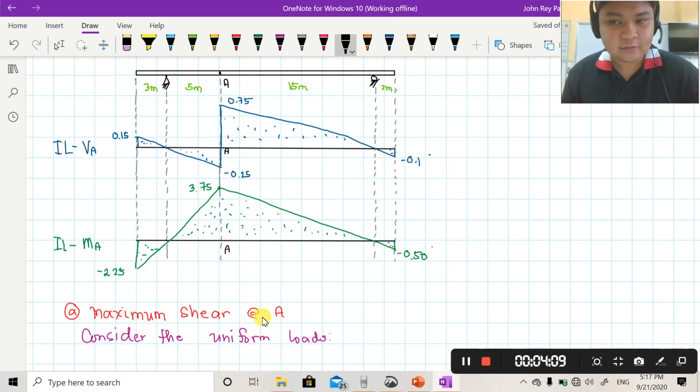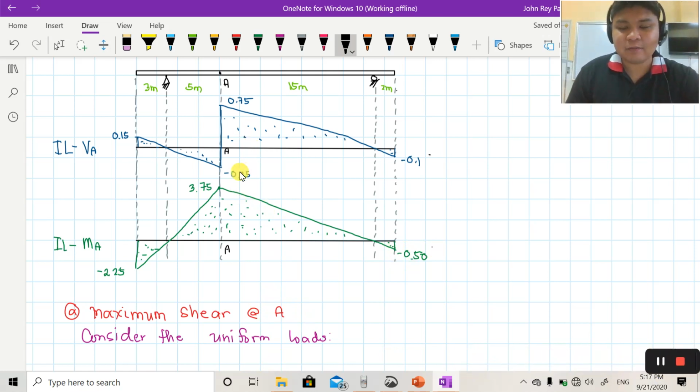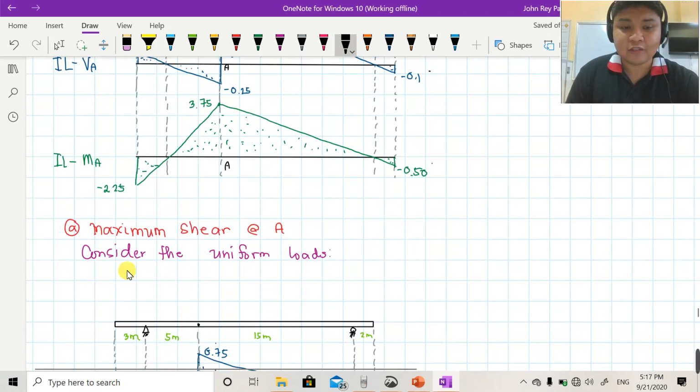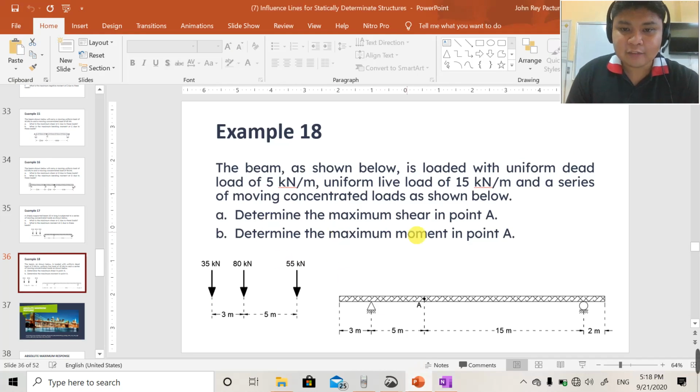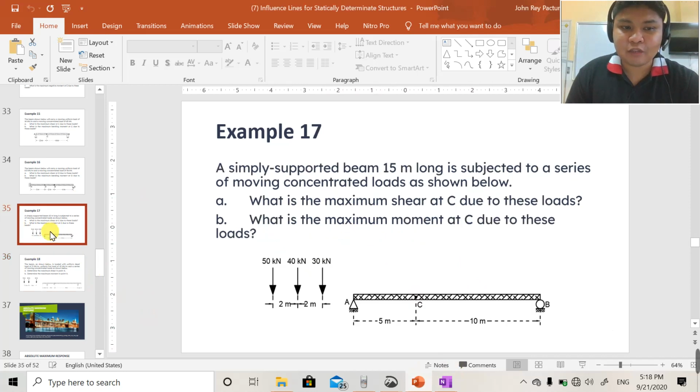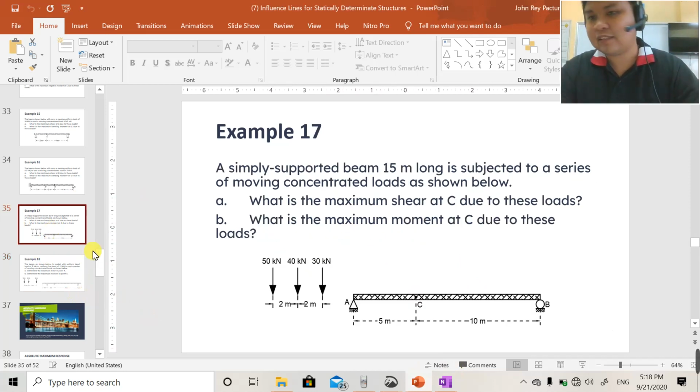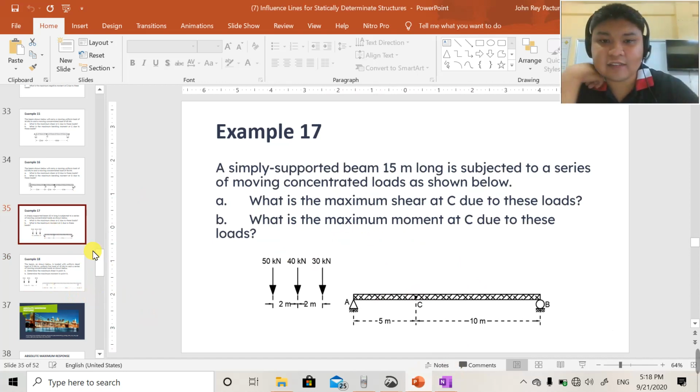So next, since we have established the detailed influence line of the beam, this time we go to the two questions. What is the first question? It says, determine the maximum shear at A. However, the difference of example 18 compared to example 17 is that instead of only a series of concentrated loads, we now also have the uniform dead load and uniform live load.